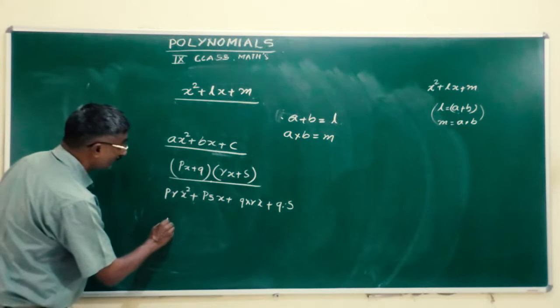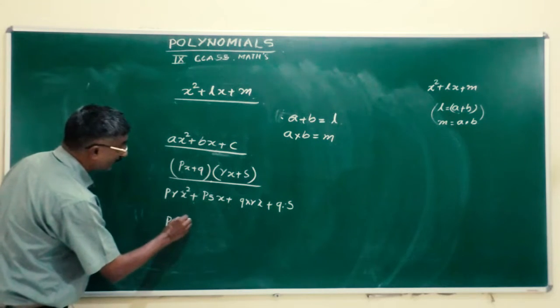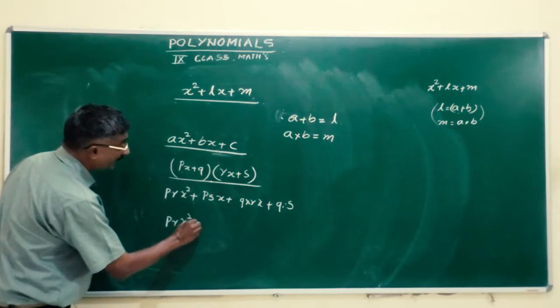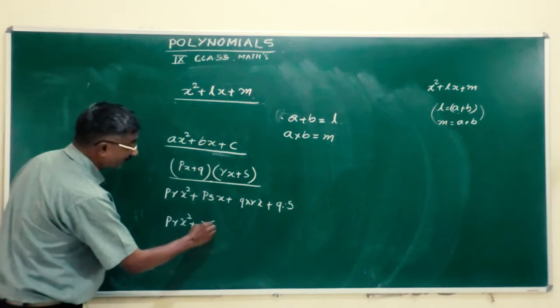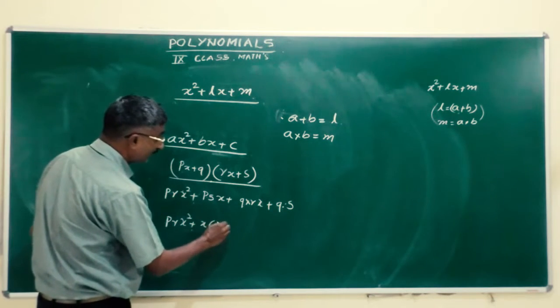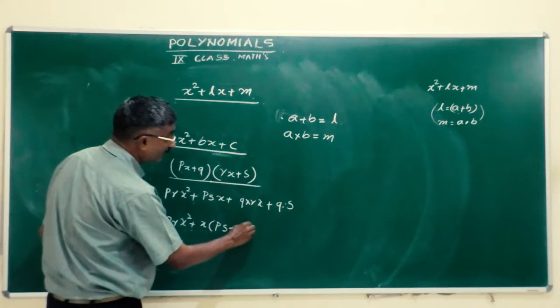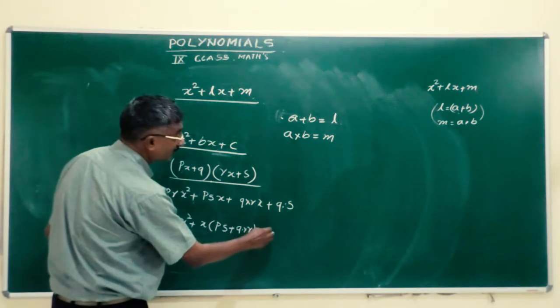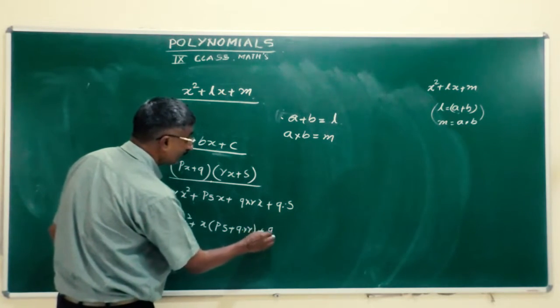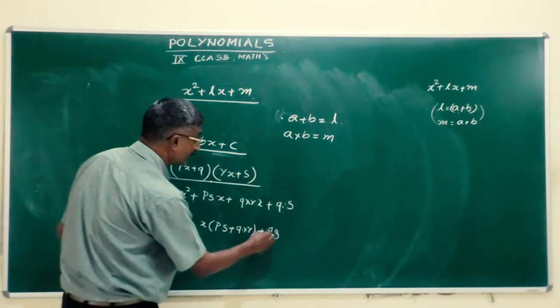So p into r x square plus x is common, that is p into s plus q into r, plus q into s.